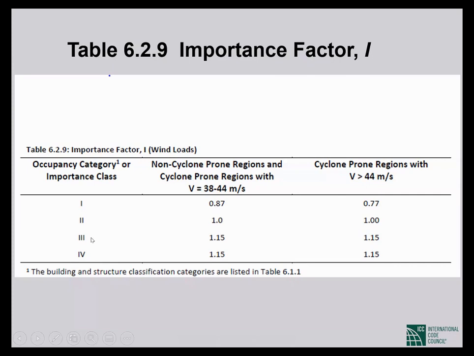That would be occupancy category 3, where a lot of people congregate in one space at one time, or occupancy category 4, essential facilities and hazardous facilities. Category 2 is standard occupancy building, 1.00, and for the unimportant building, it is 0.87 in inland areas and 0.77 in cyclone prone regions, and those are defined. It's wind velocity more than 44 meters per second. This is wind velocity between 38 and 44 meters per second.